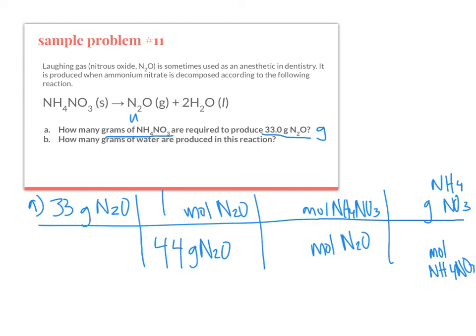So moles of N2O is 1. Moles of NH4NO3 is also 1. And for every 1 mole of NH4NO3, now we have to work that out. Okay, so nitrogen, we have 2 total, and nitrogen is 14 grams times 2, 28.